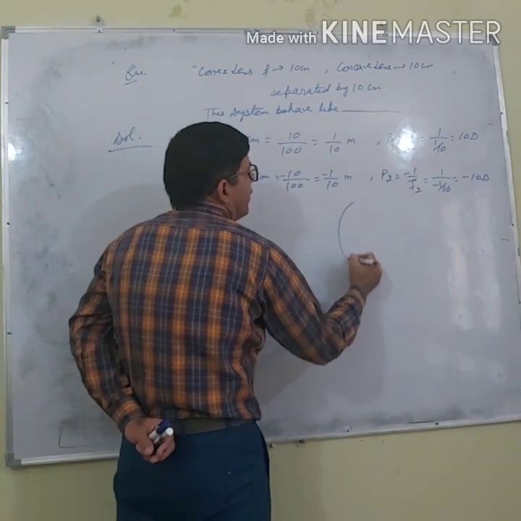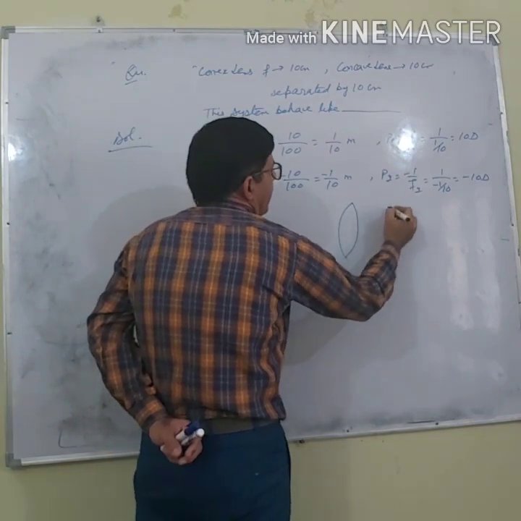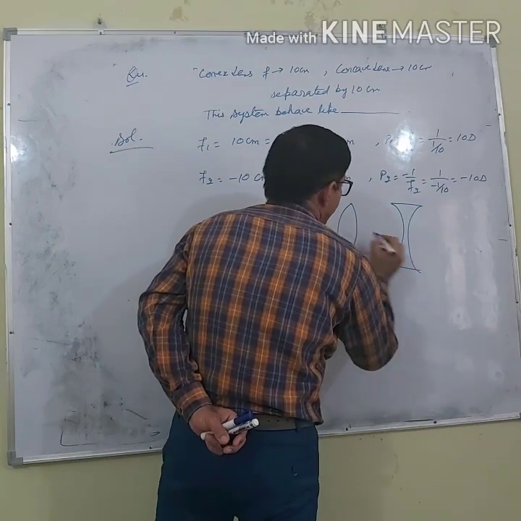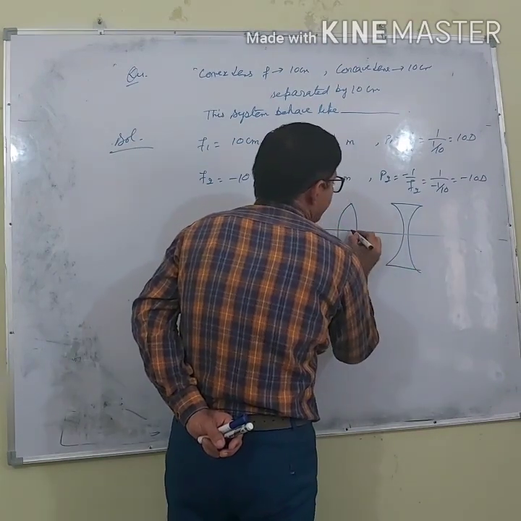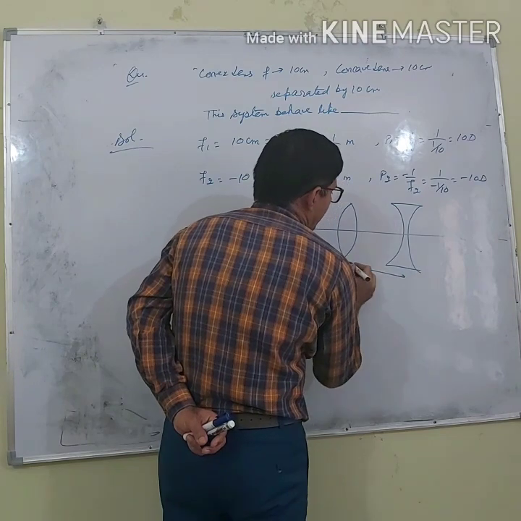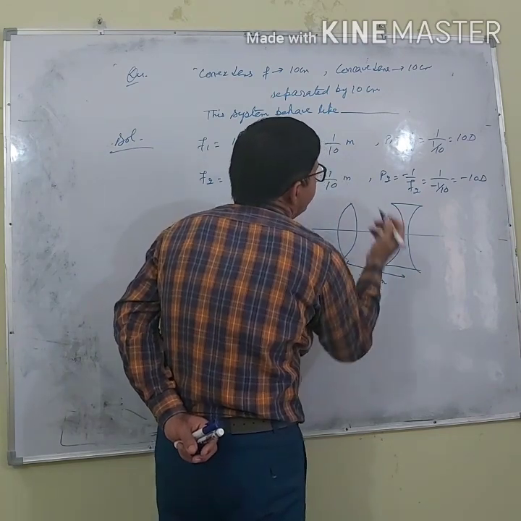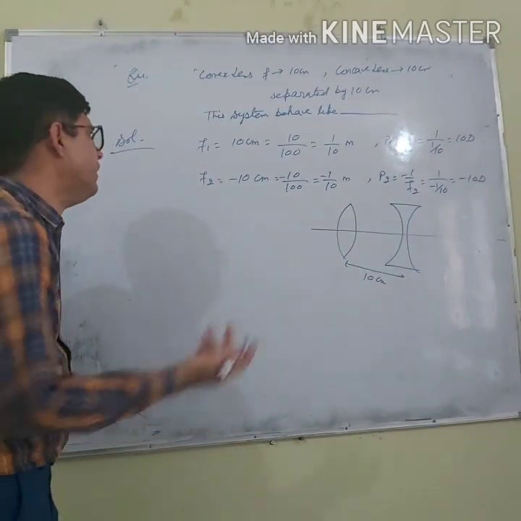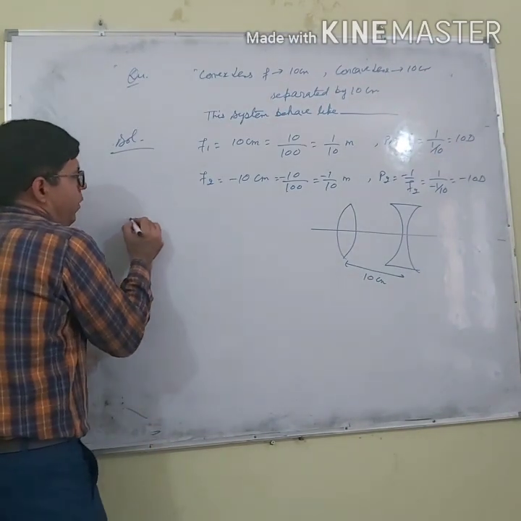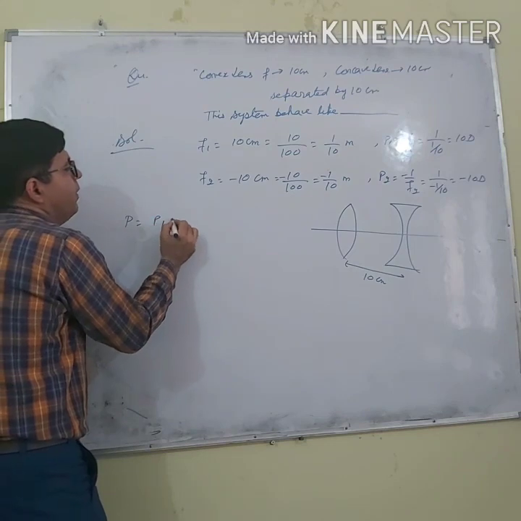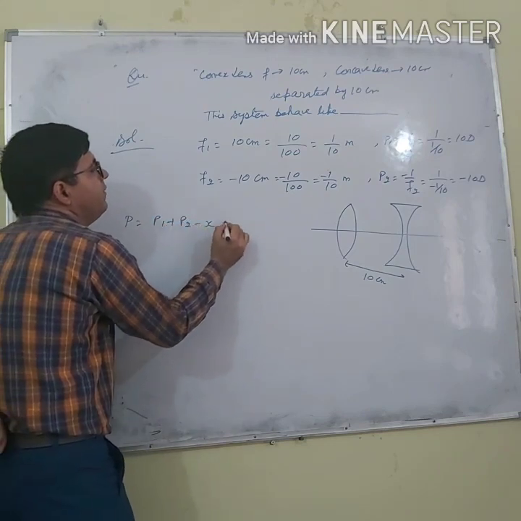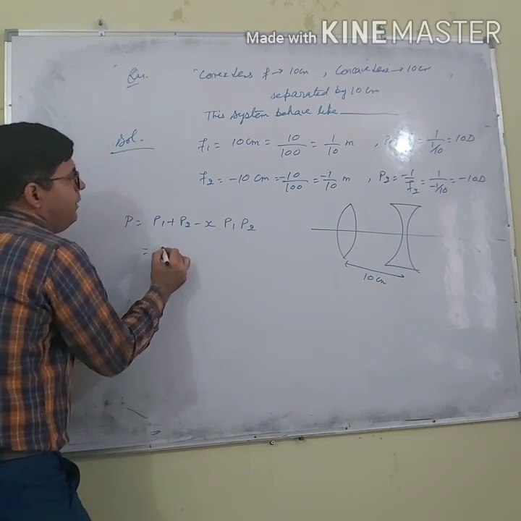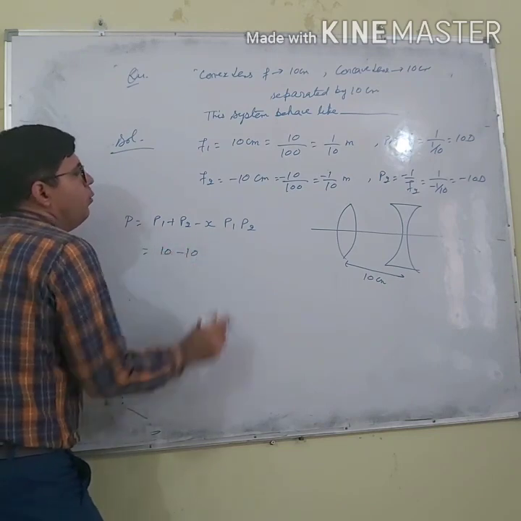What am I given? This is a convex lens and this is a concave lens. They are having the same focal length and the separation between their optical centers is 10 centimeter. What is this system? Diverging or converging? Let's take it out. What is the total power? P1 plus P2 minus X P1 P2, that I have told you. What is P1? 10. P2 minus 10.